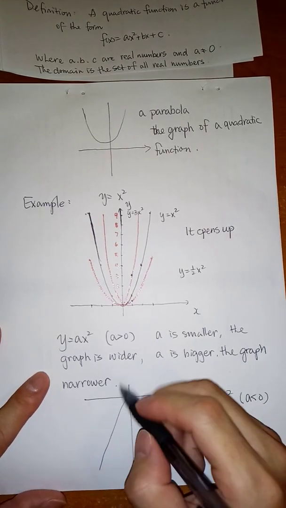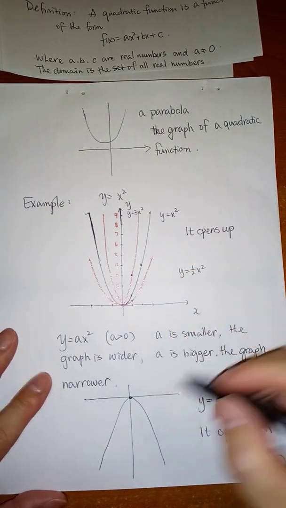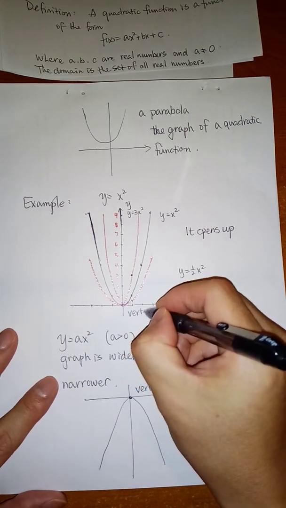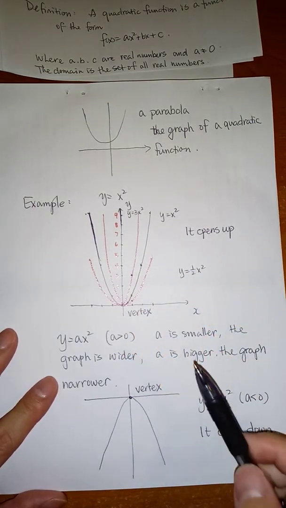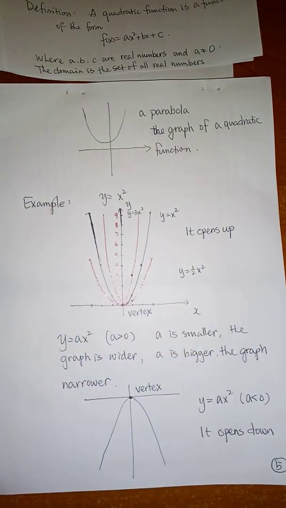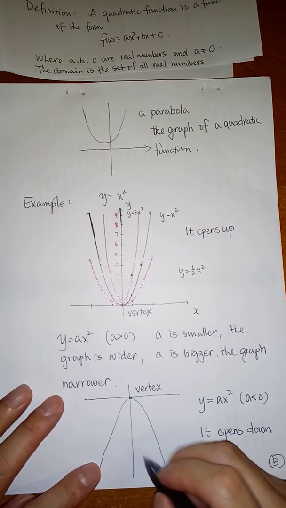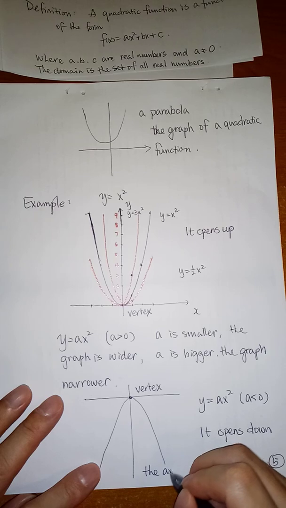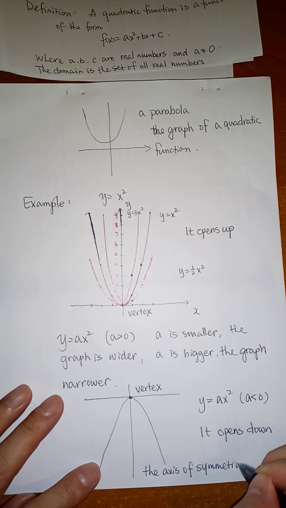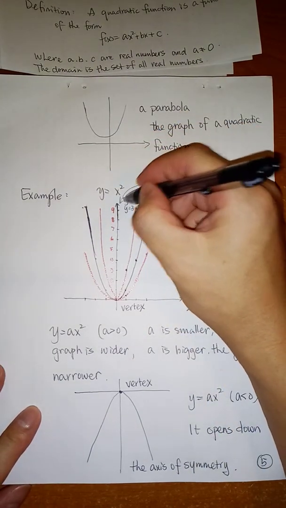It doesn't matter whether it's positive or negative, they are both called the vertex. And we can always see that the y-axis is the axis of symmetry. Here is the same thing, the axis of symmetry.